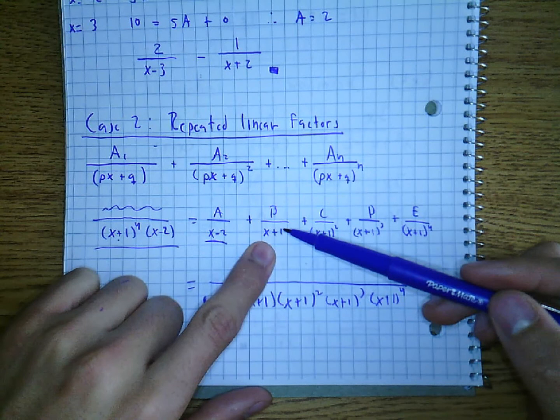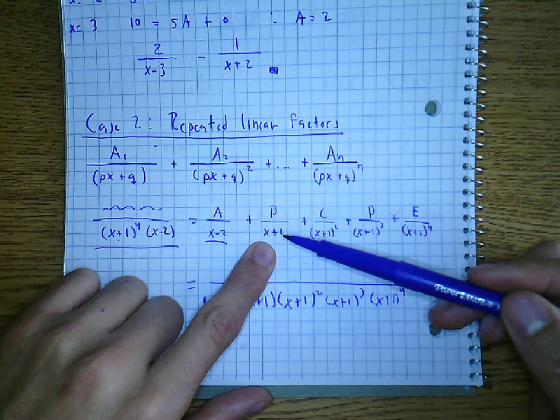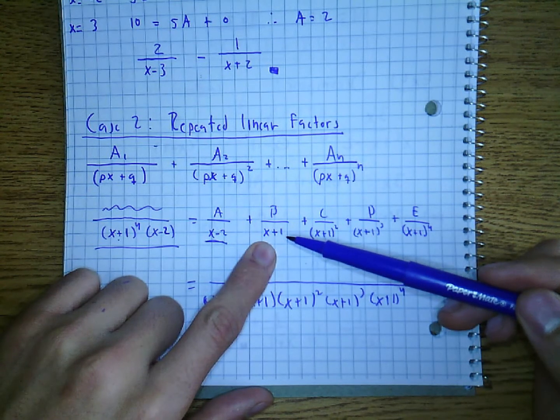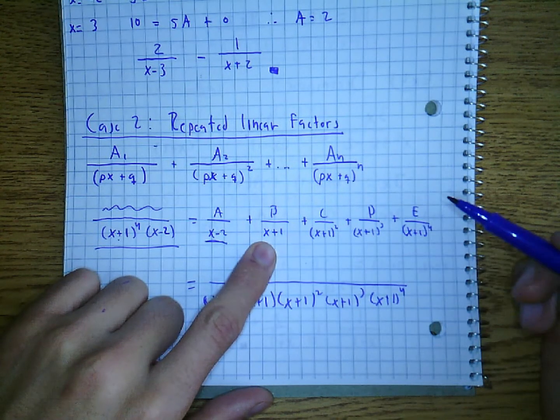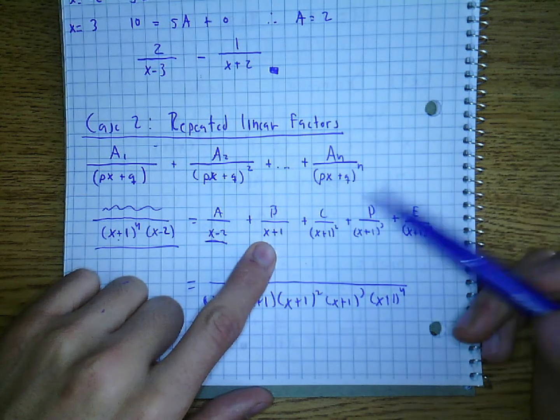Okay, so there's not a single amount of x plus n that you can have. Correct. It's going to look different for each one depending on what you have. Cool? All right, let's try out an example.